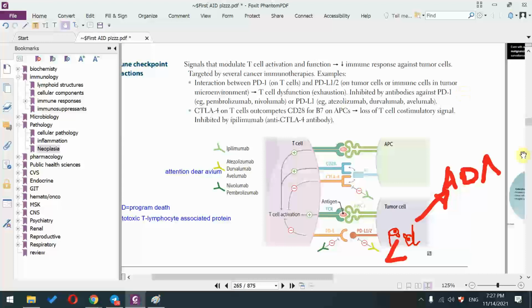How? By exhaustion. They make the cell pretty tired. So they can be inhibited by antibodies against the PD1, which are these two drugs, pembrolizumab and nivolumab, okay? Or the PDL1, which are the other drugs. So basically, you need to inhibit either this one or this one.